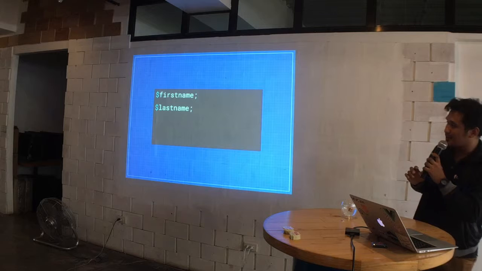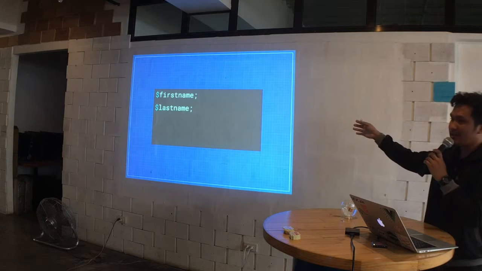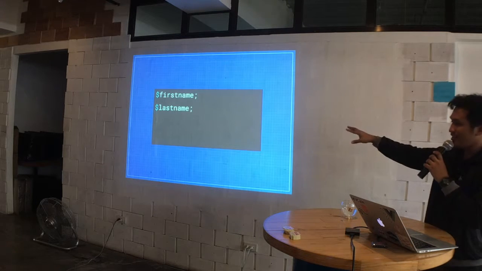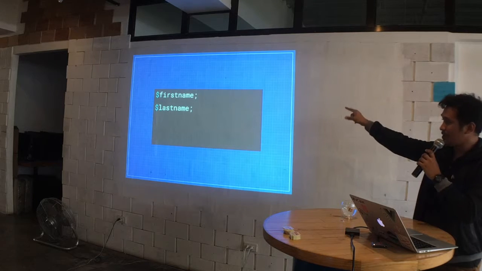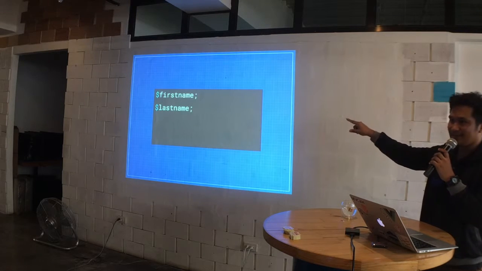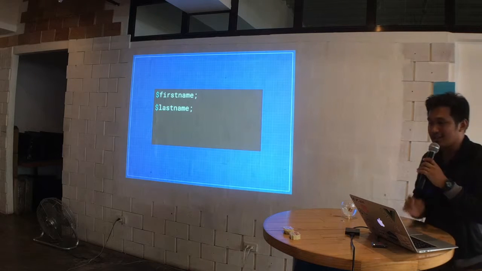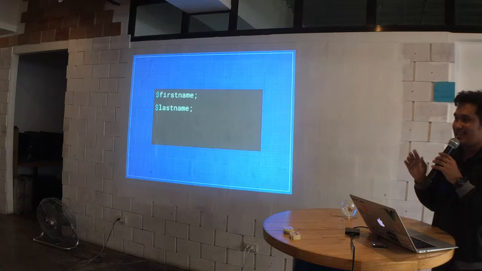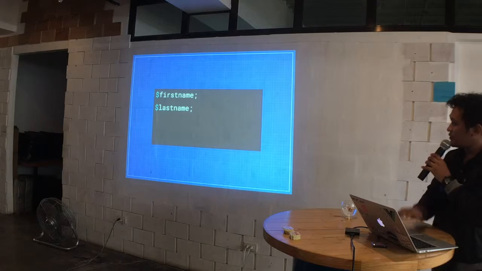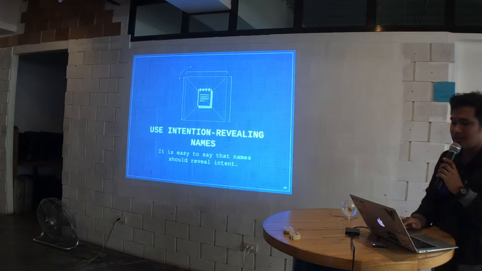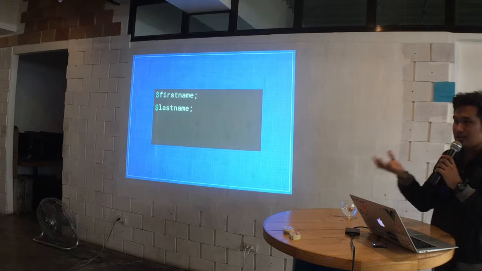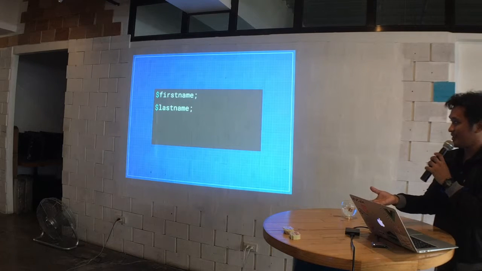So instead of X, you replace it with first name and last name. Now we can understand that this variable is for storing the first name and last name. So that is the first point, that we must use intent revealing names. So the name itself must show what its purpose is.